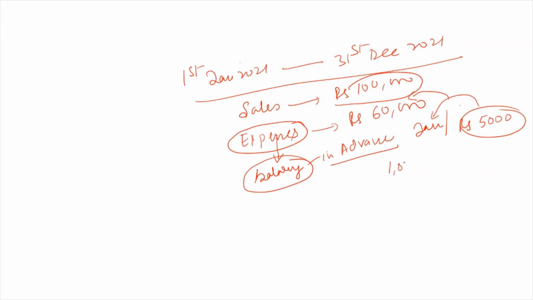Sales is taken as 100,000, but expense will be taken only at 55,000, and my profit will be 45,000. This means the 5,000 rupees expense which has been paid is actually not for this period, and therefore it will not be shown as an expense for this period, in order to estimate the right profit and loss.